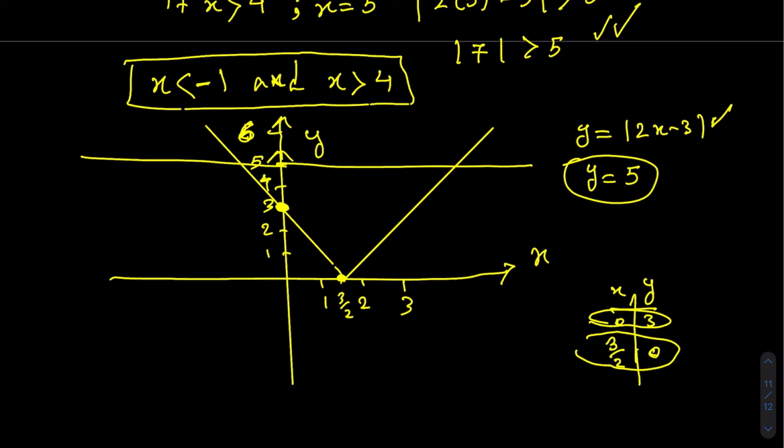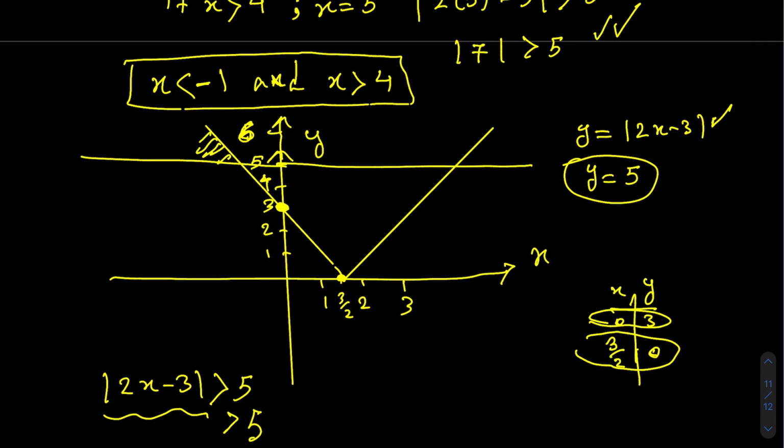What does it mean that the absolute value of 2x minus 3 is larger than 5? It means the area where this function is larger than 5. Here is the 5.